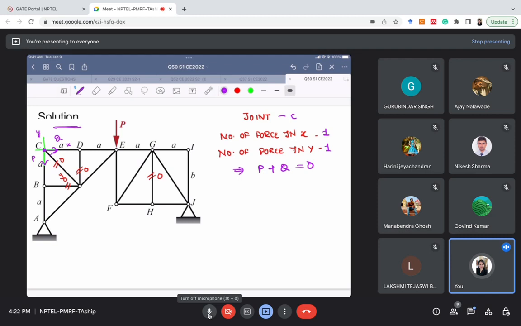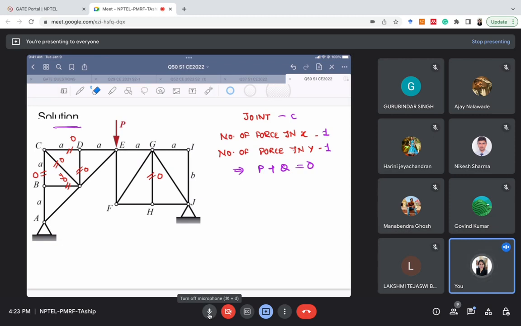If we assume that there is some force Q, then there should be some other force to balance Q. Otherwise the horizontal equilibrium is not satisfied in this joint. Therefore, if the number of forces in any particular direction is 1, that force has to be 0. In this case, for both X and Y directions, there is only one force, hence both these forces are 0. Hence, we can conclude that both P and Q are 0, so this one and this one are both zero force members.